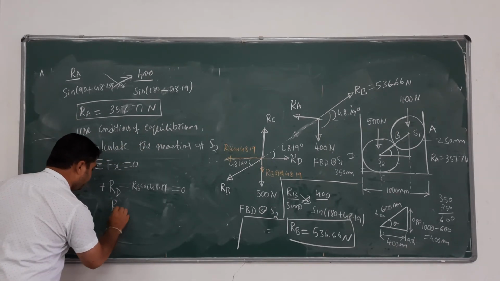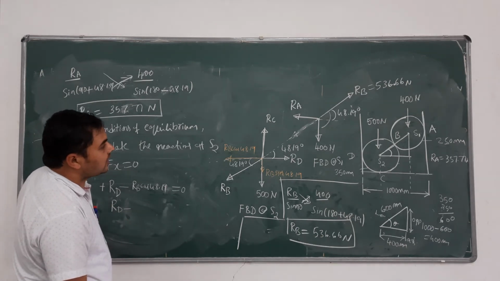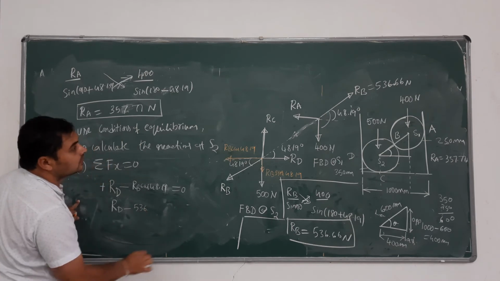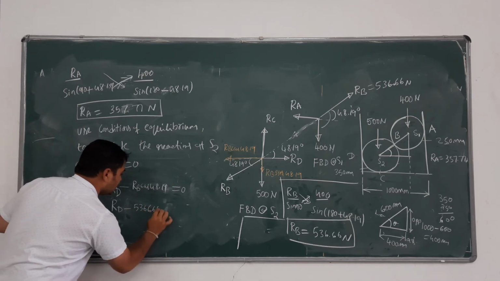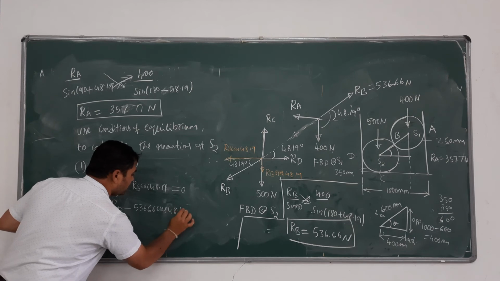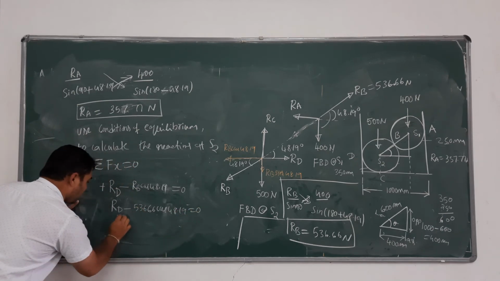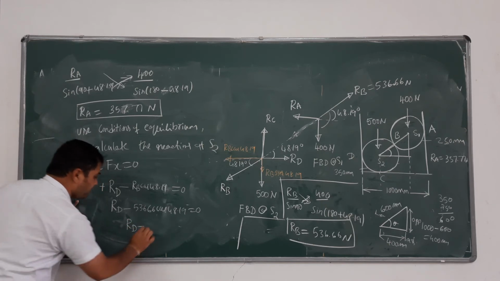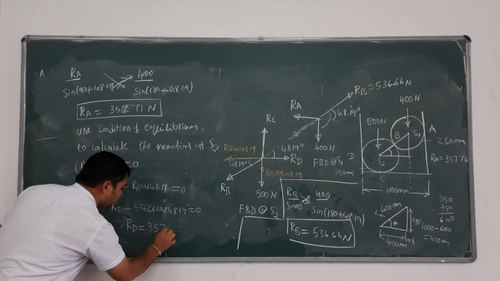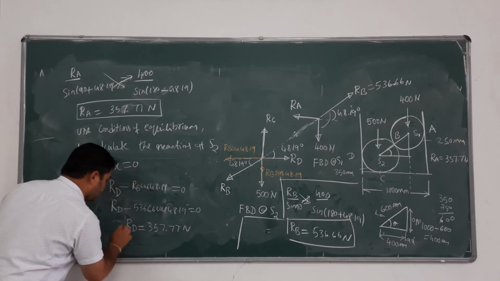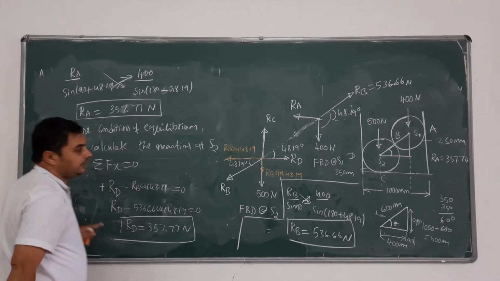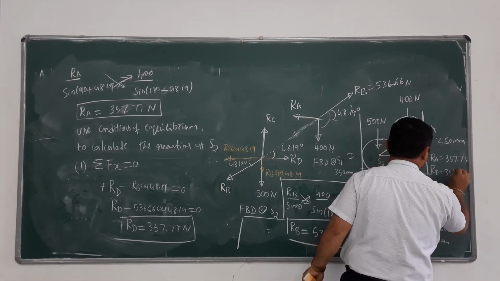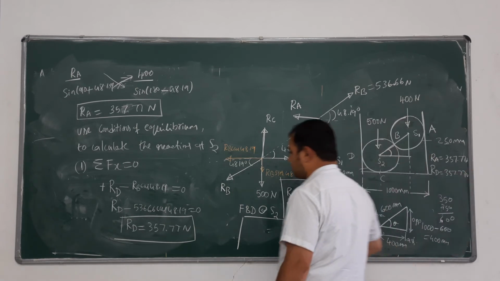So RD minus RB, which is 536.66 cos 48.19, is equal to 0. From this we can calculate the value of RD. Therefore RD is equal to 357.77 Newton.